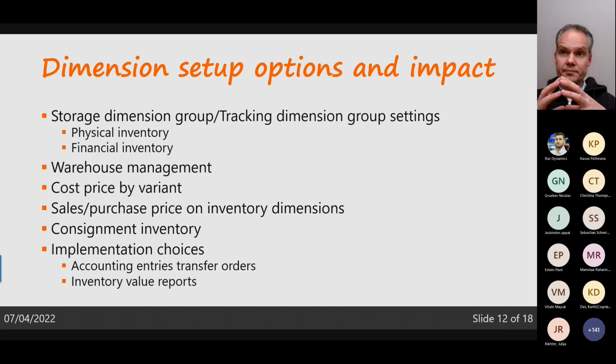For the sales and service purchase prices, you can also enable them on the inventory dimensions, and that option is available also on the product dimension group to be able to have not just a cost price or sales or purchase price by any variant, but only for the dimension size, for example, if you have enabled the color and the sizes.